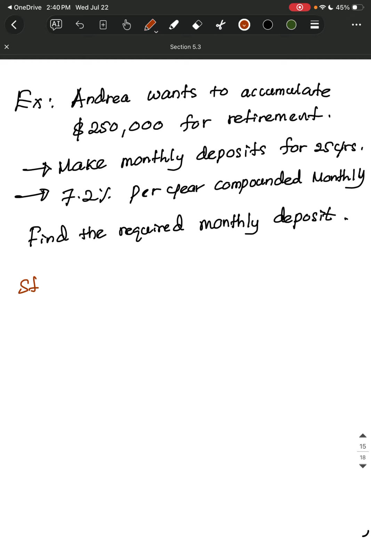So sinking funds. Then step 1, identify the values.